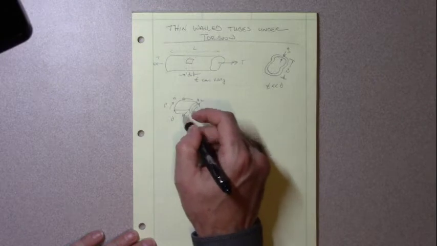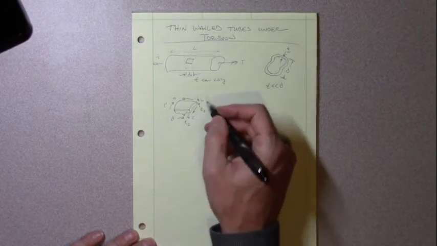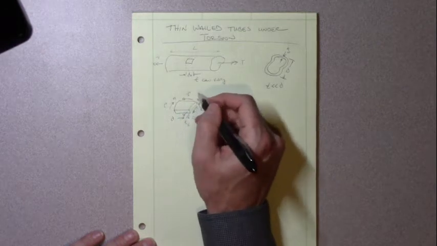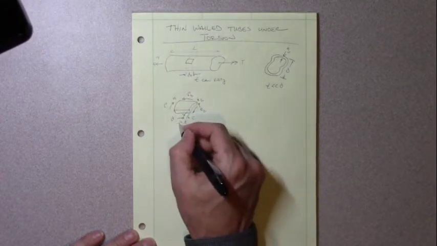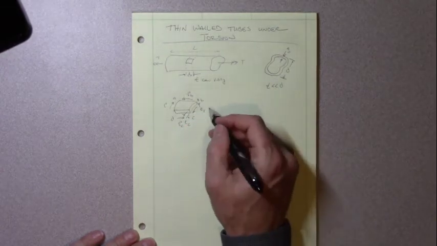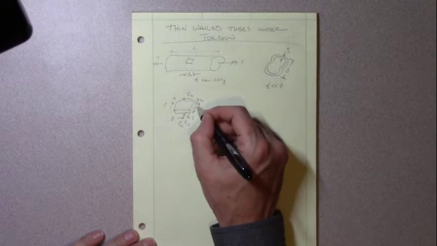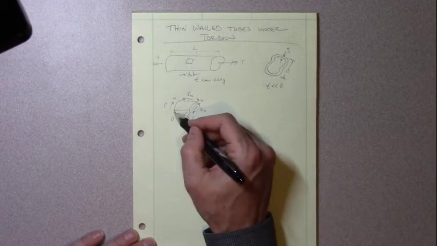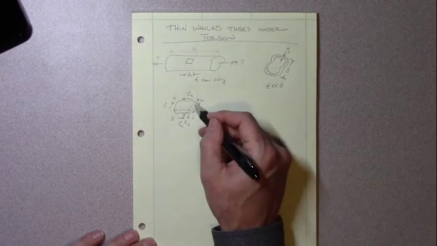So let's label this up. We're going to call this tau B. This is going to be tau C on this side. And these are really going to change from tau B to tau C. So this is going to change from tau C to tau B. So it's really changing on these two end sides.